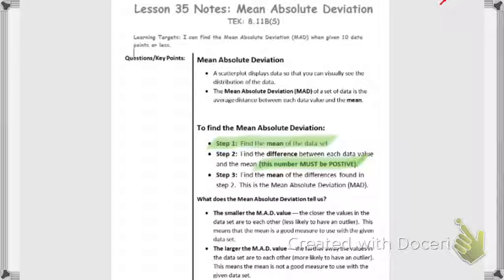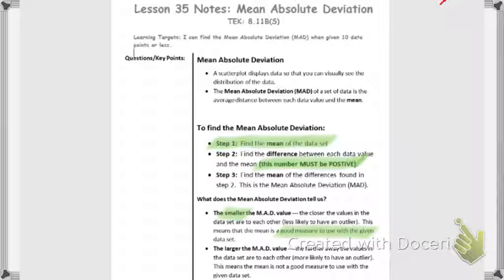Okay. So we do the mean absolute deviation because it will help us understand whether the values in a data set are similar to each other, or is there going to be a possibility that there's an outlier in this data set. So if your MAD value, once you take the mean twice, is a small value, that means that this is a good measure to use when given the data set.